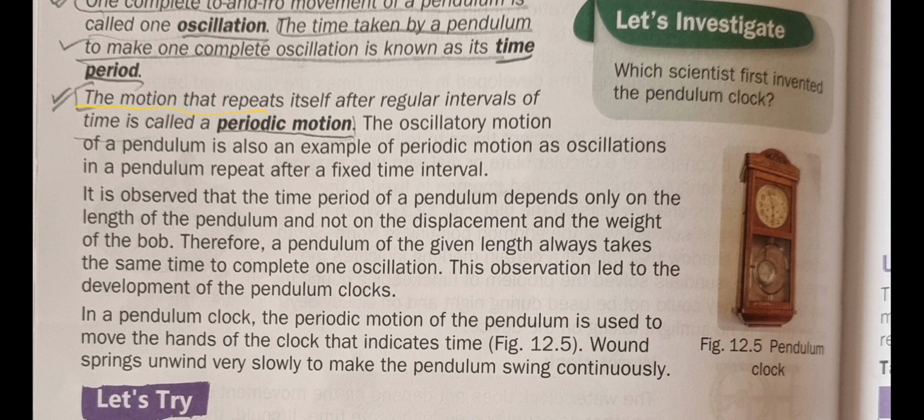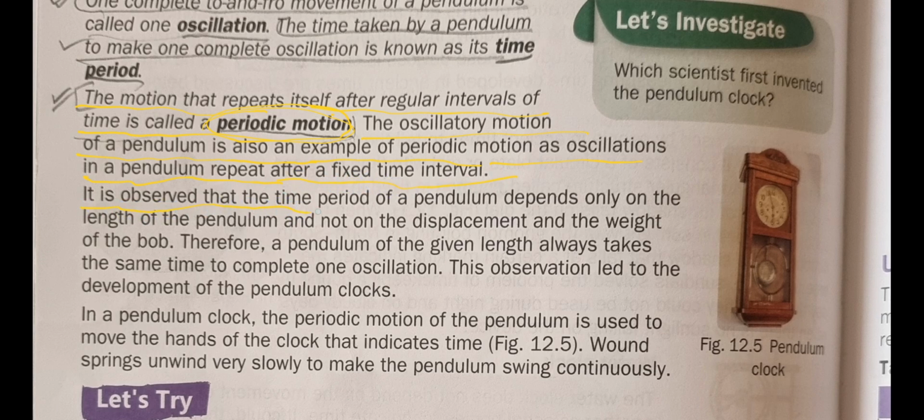The motion that repeats itself after a regular interval of time is called periodic motion. The oscillatory motion of a pendulum is also an example of periodic motion, as oscillations in a pendulum repeat after a fixed time interval.